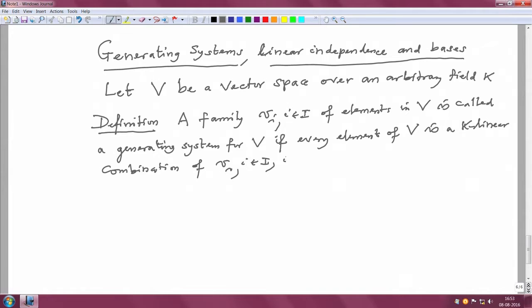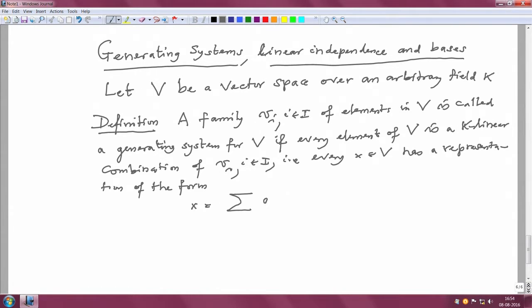So that means every x in V we can write as a representation of the form x equal to summation a_i v_i, i in I, and only finitely many coefficients are non-zero.